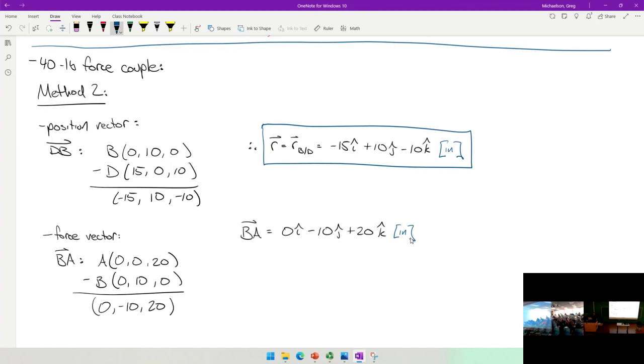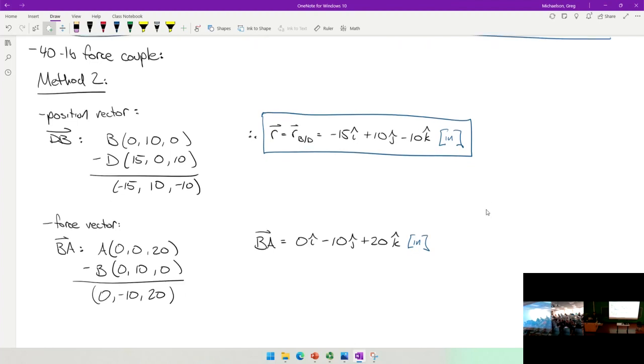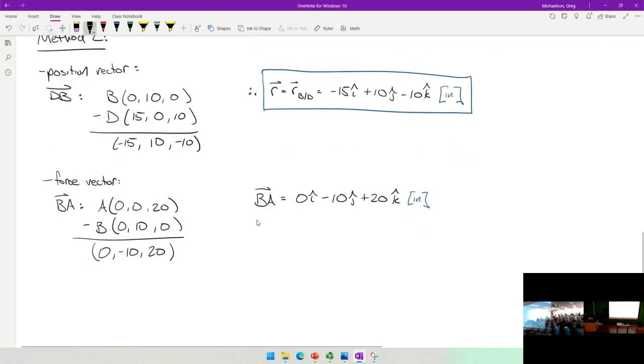Well, we need a force vector, right? So how do I get a force vector from a distance vector? I got to take that, convert it to a unit vector, multiply it by its magnitude. So let's handle that. Determine the magnitude of this.